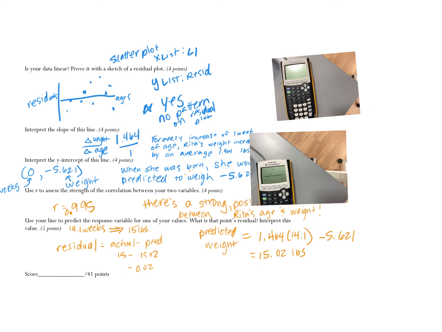What we would say is the line over-predicted by 0.02 pounds. That's what that residual value means. Which, by the way, is this point you see on that residual plot. This point right here is barely underneath the line, which makes some sense.